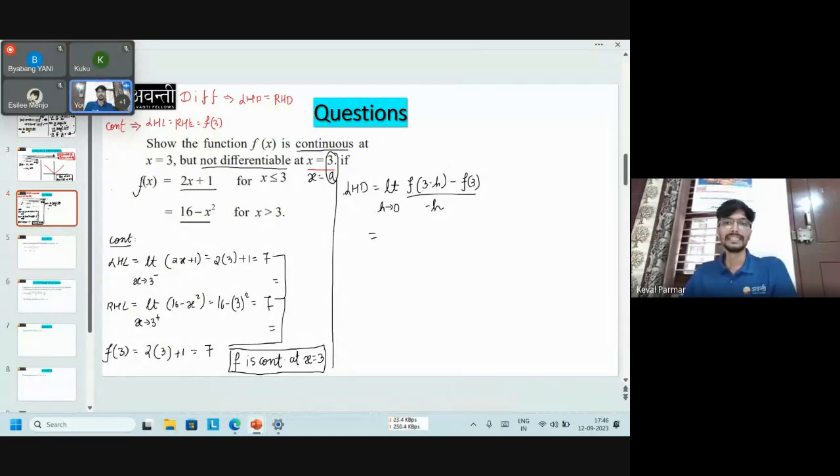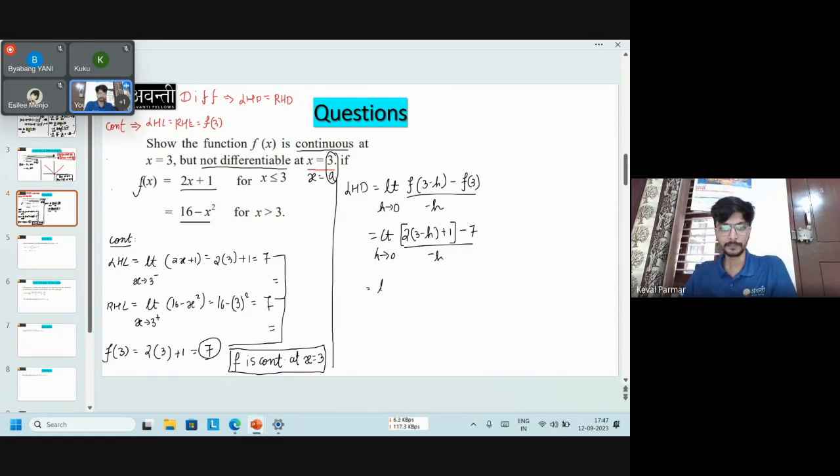So equality is here. So for 3 minus h, we'll use this. So limit h tends to 0, 2 into 3 minus h plus 1 minus f of 3. We directly know f of 3, so I am writing it from here. It is 7. So minus 7 upon minus h.